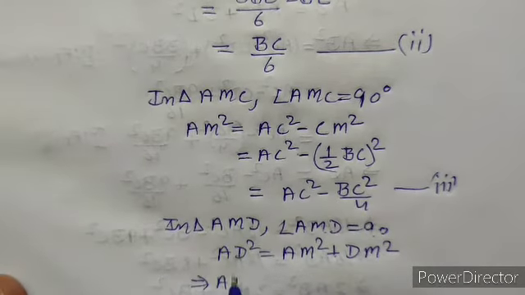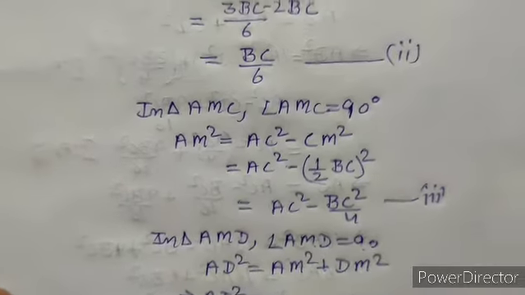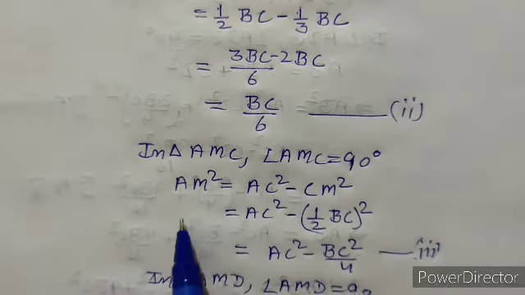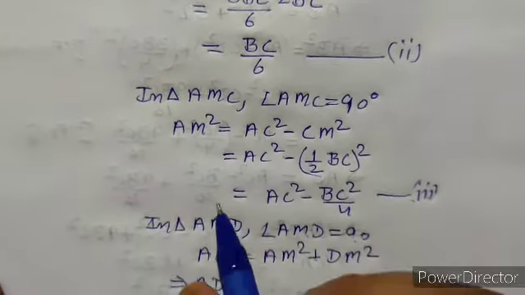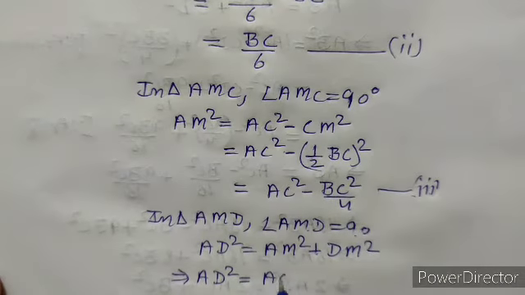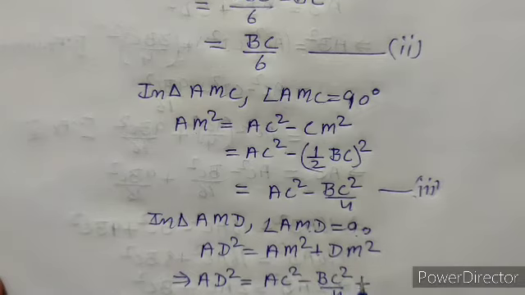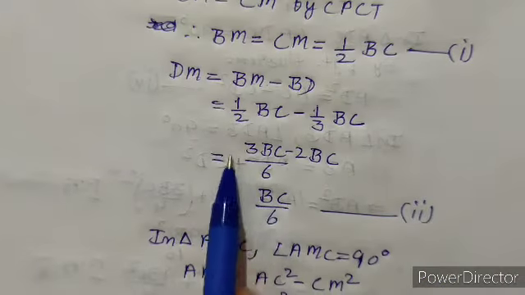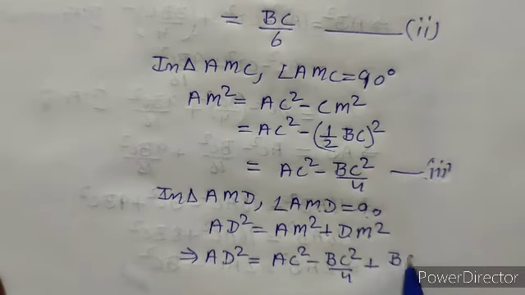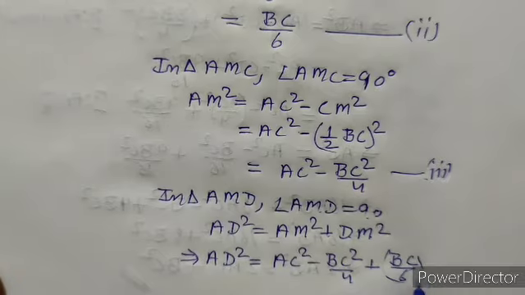Now this can be written as AD square equal to, in equation third we have obtained the value of AM square, and that was AC square minus BC square by 4 plus DM square, and DM in our equation second was BC by 6, BC by 6 square.